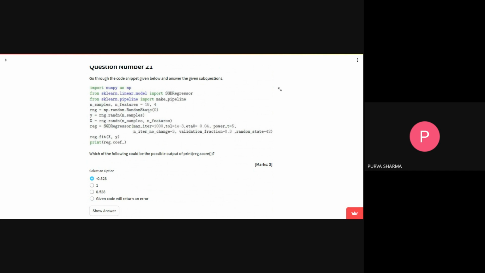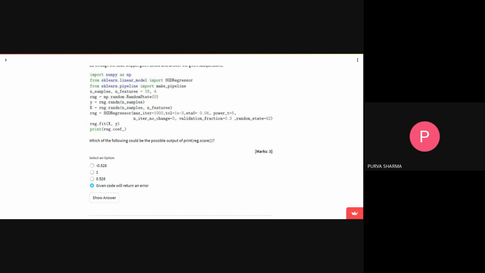It will produce an error because in the end we want the output of reg.score. Score takes 2 parameters, the feature matrix and the target vector, but they're not present here, which means this will give an error. We're not talking about the output of this code snippet; we're talking about the output of reg.score.